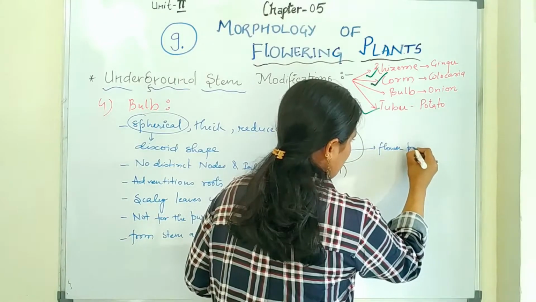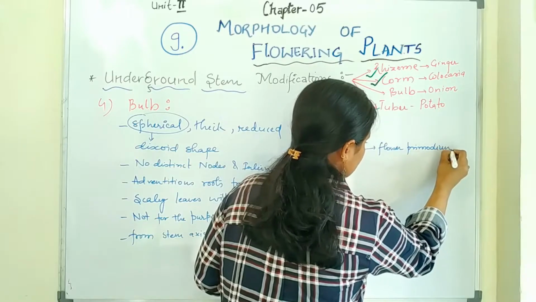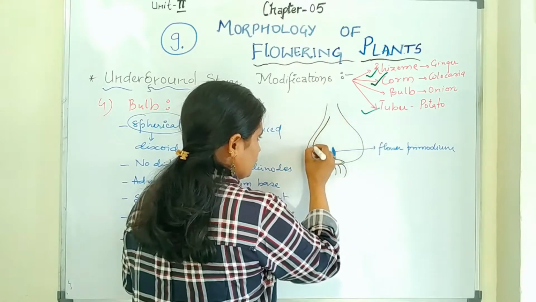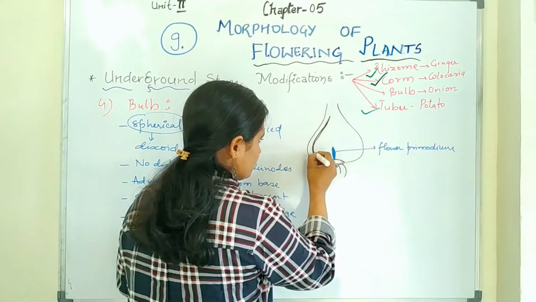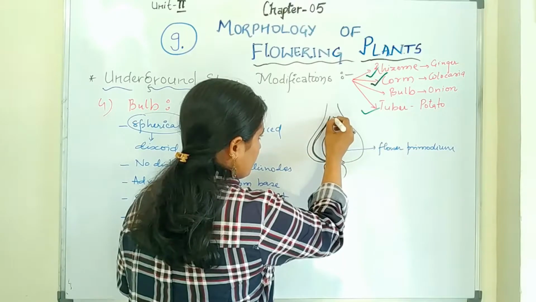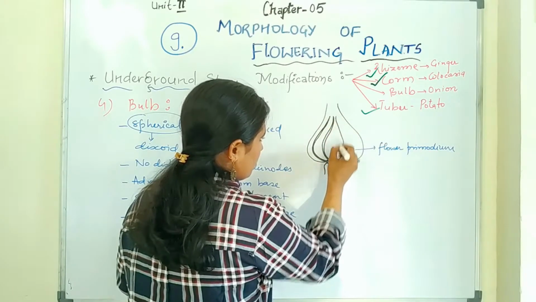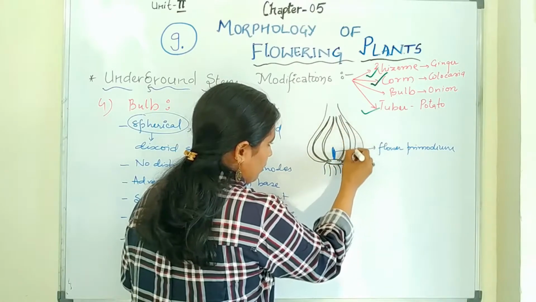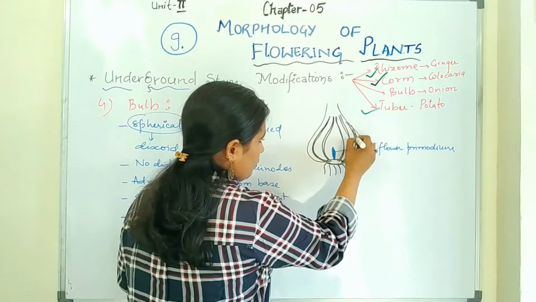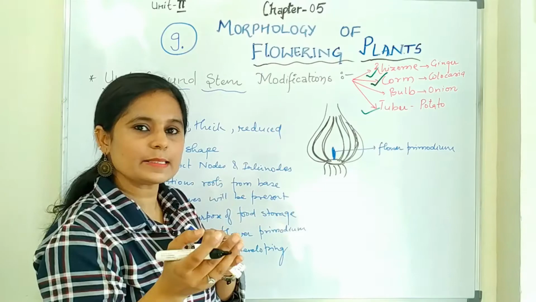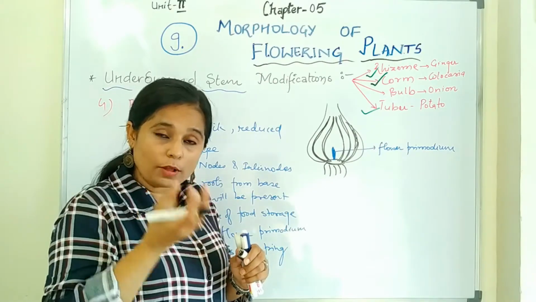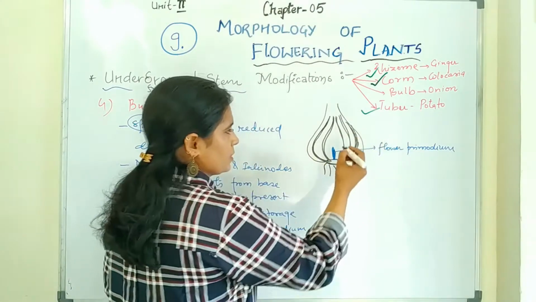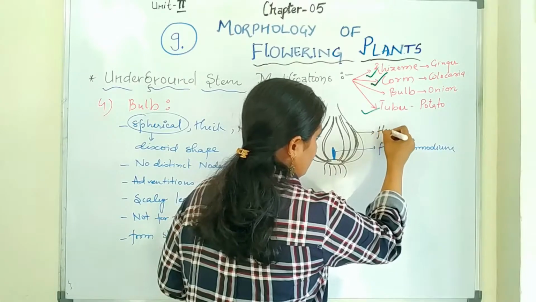Then fleshy leaves will be present in a concentric manner. The way they are assembled in a circular manner on the discoid stem is called concentric manner. Fleshy leaf.